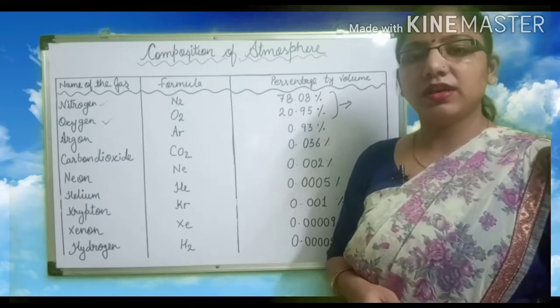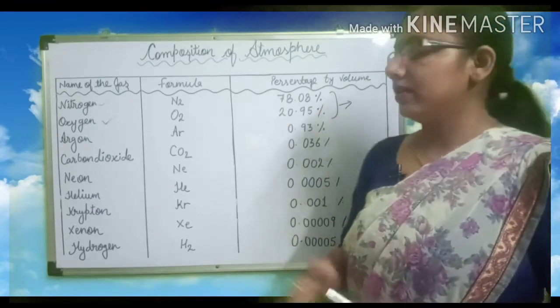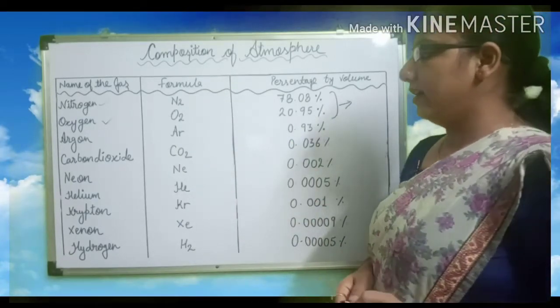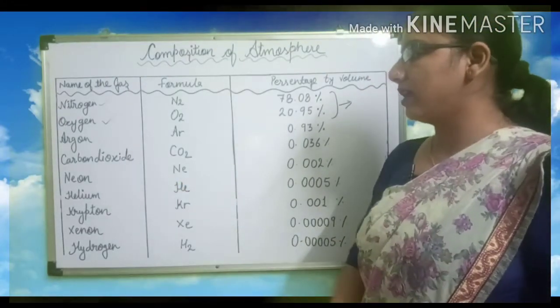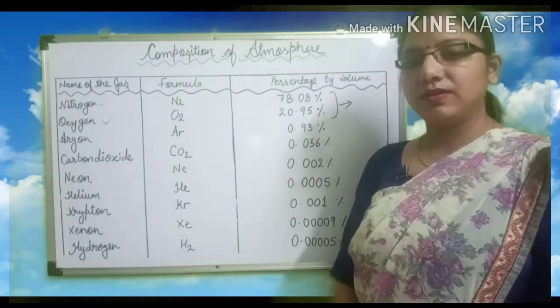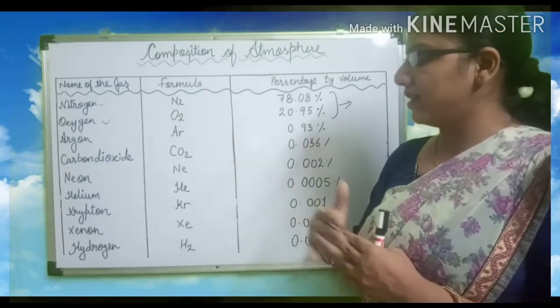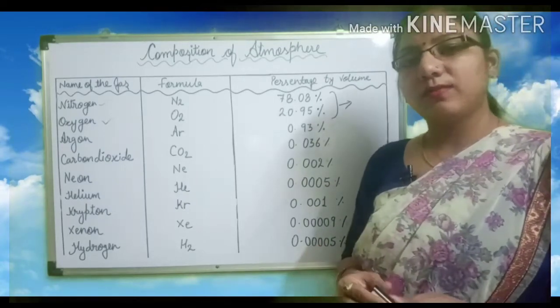Secondly, nitrogen is an essential gas to grow plants. Nitrogen is the most important gas for growing plants. And carbon dioxide is also an important gas which is helping in the respiration of the plant system, which you have already studied in your bio classes.